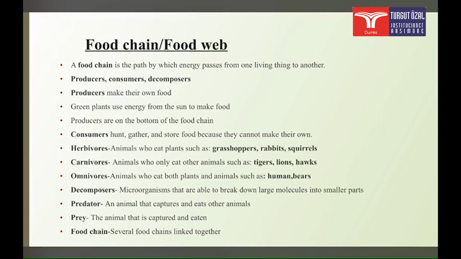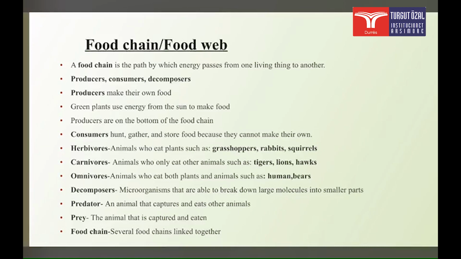Carnivores are animals who only eat other animals, such as tigers, lions, etc. While omnivores are animals who eat both plants and animals, such as humans and bears. Decomposers are microorganisms that are able to break down large molecules into smaller parts.